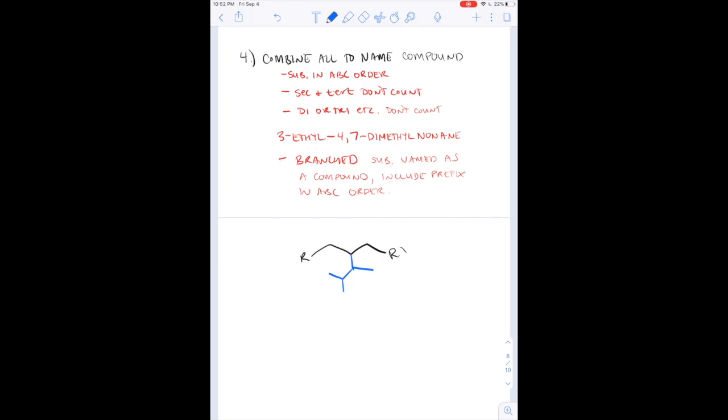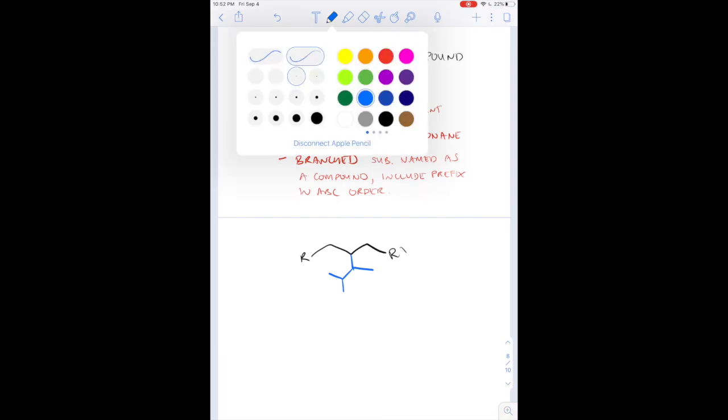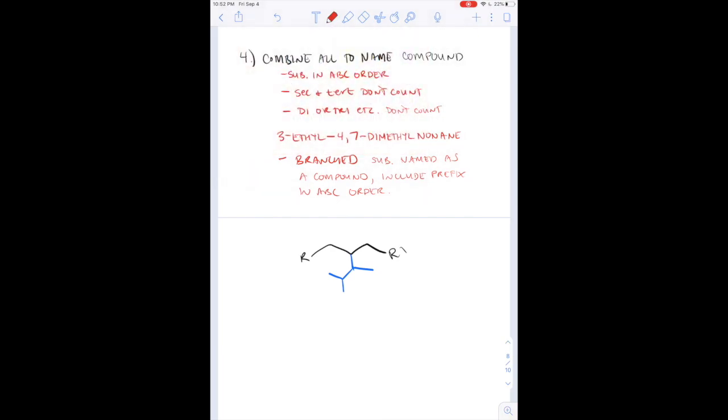How do we name that? Well, this is a branched substituent. Okay, and so what we want to do is name it as a compound first. And so the way we would number coming off of this is 1, 2, 3, right? Because that's pretty much what is coming directly off of that parent chain, and so that is a propyl group.